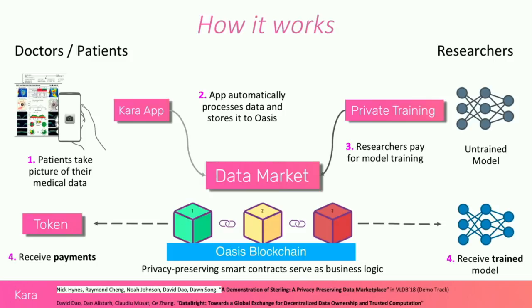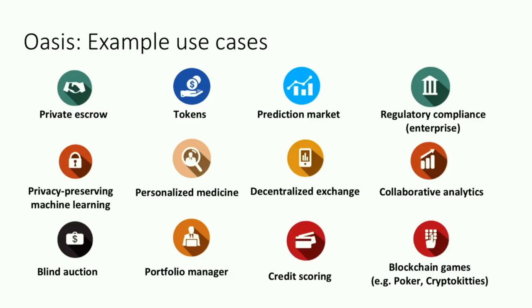With this approach, it can significantly reduce the friction for medical researchers and pharmaceutical companies to get access to data to be able to train machine learning models for their work. And this is just one of many examples of the different use cases that a blockchain platform like this can enable by providing both privacy protection as well as scalability.